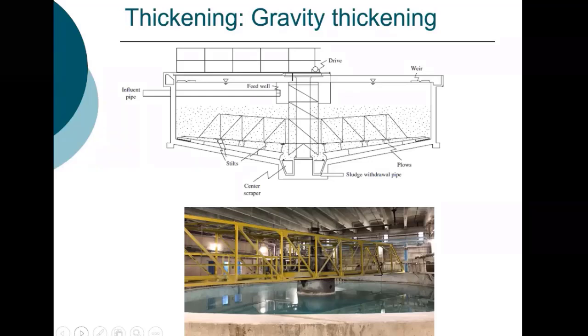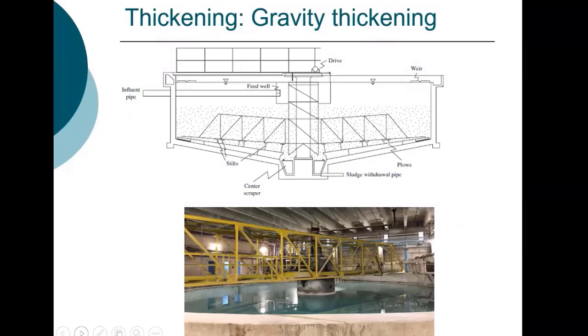So where does the supernatant go? In a plant like this, where will the supernatant go? Also just going to be back to the headworks. Back to the headworks. It has a high pH. Remember, we want to raise the pH of our water in order to precipitate the calcium and magnesium.